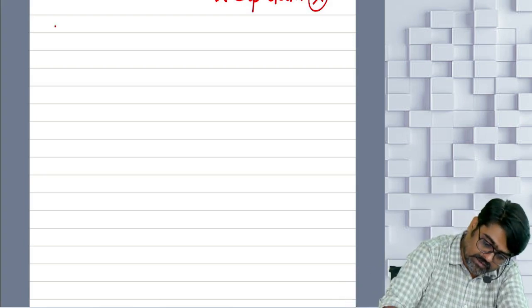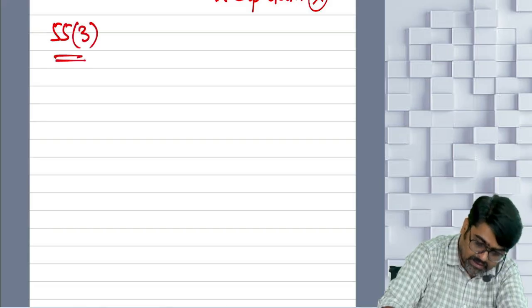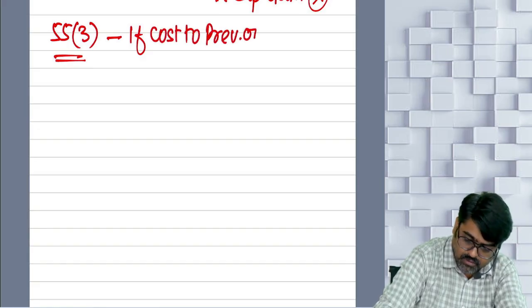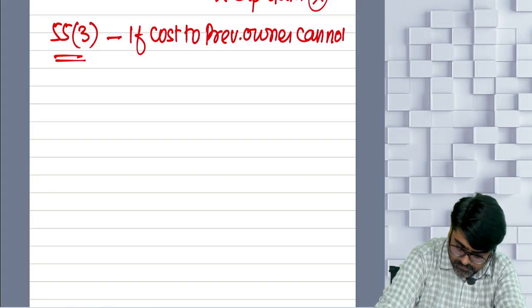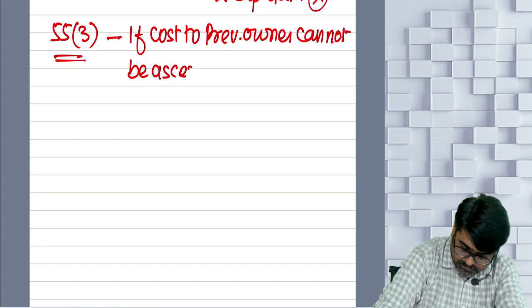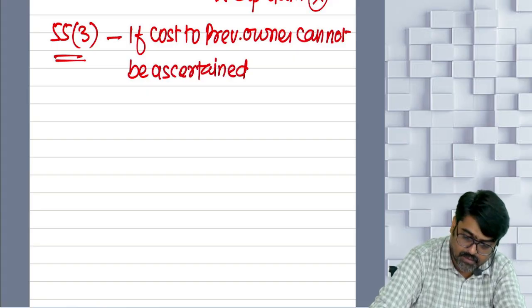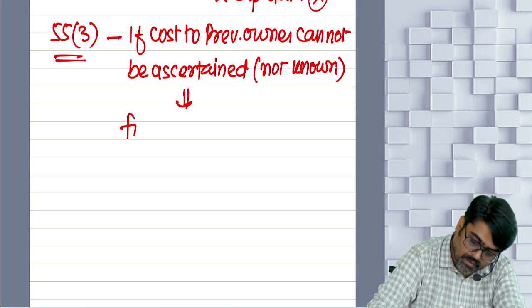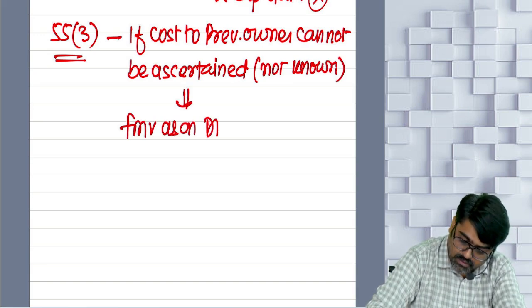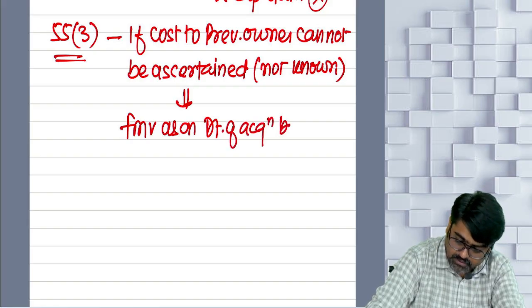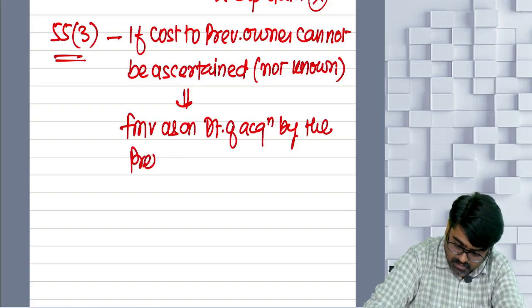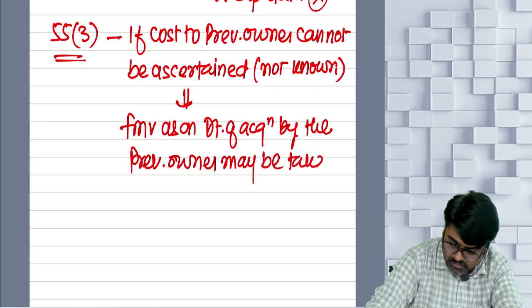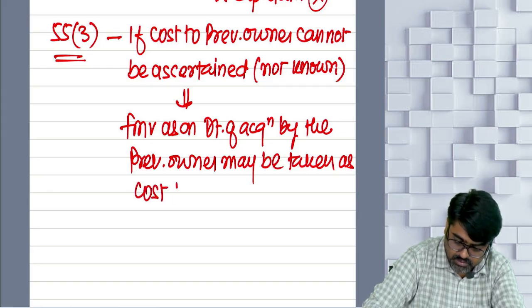Understanding? So there is section 55 subsection 3, which says that if the cost to previous owner cannot be ascertained, meaning not known, then in that case the fair market value as on the date of acquisition by the previous owner may be taken as the cost to previous owner.